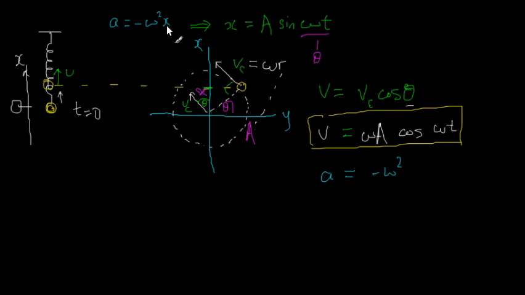Just substitute this into the X there, and I get minus omega squared A sine omega t. So now I have all three of X, V, and A in terms of sines and cosines.